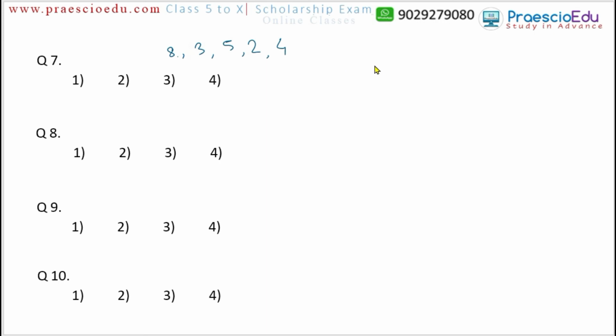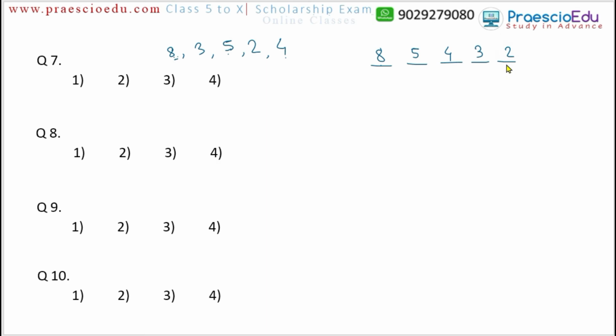So greatest means, suppose these are the digit places, I am just marking 5 digits. At the highest place we have to fix the highest digit. So here the 8, I will fix the 8 here. Then after this, 5 is the greater digit after 8, so 5 we have to place. After this 5, 4 is there. And after this the 3 and then 2.